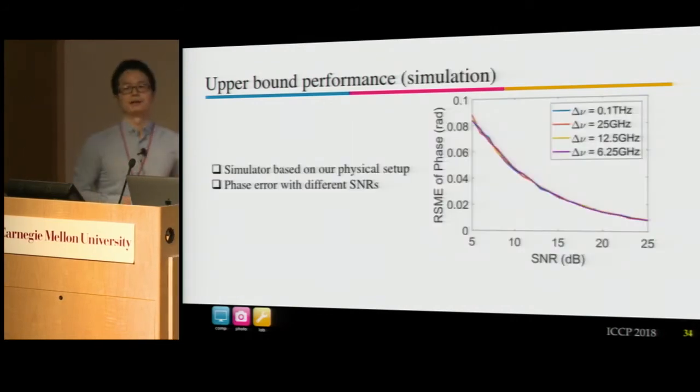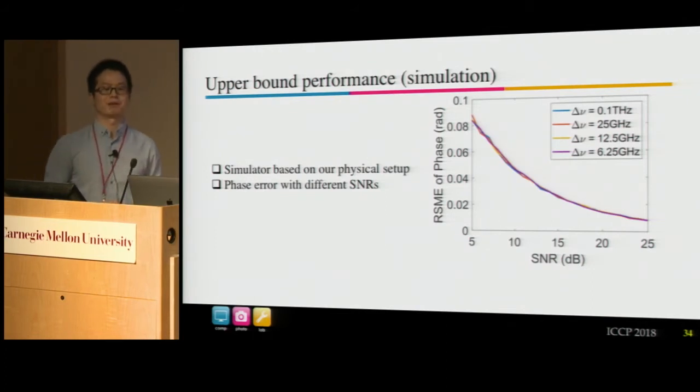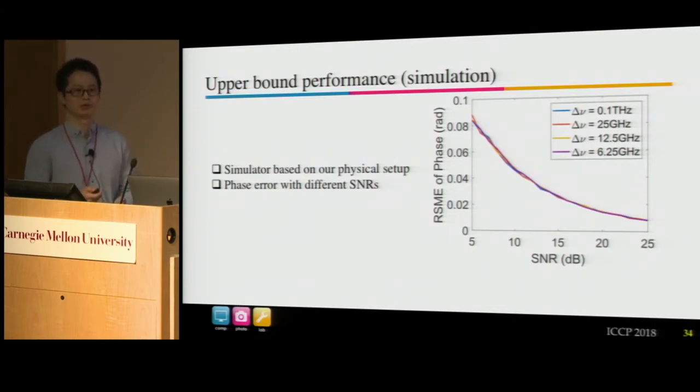We also built a simulator based on our physical setup, and we test our simulator with different signal-to-noise ratios. As you know, signal-to-noise ratio is going to affect our precision.